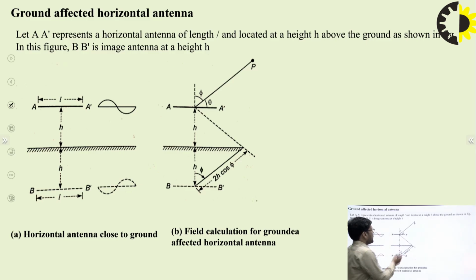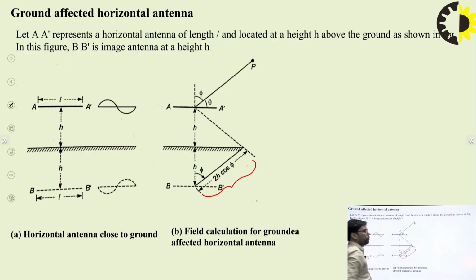So you can see this is the path difference, which is traveled more compared to this path travel distance. This distance is h, this distance is h, and if the angle is phi, then this distance is 2h cos phi.